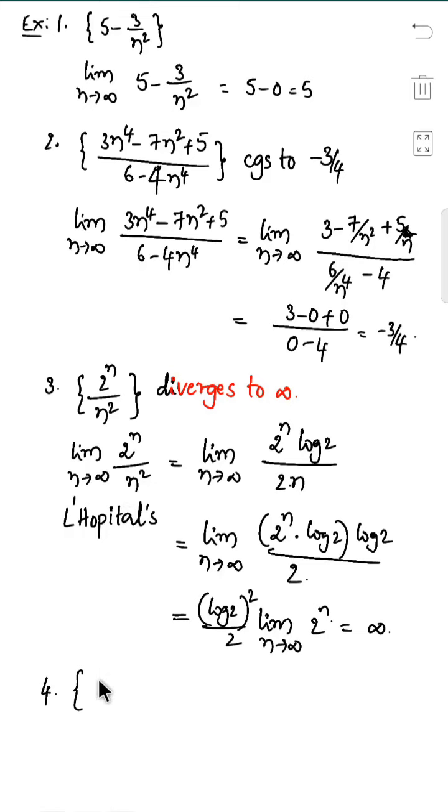Okay, so for example here, 1 plus 4 by n whole to the power of n. What is the limit of this one? This converges to e to the power of 4, I think. Let's find what is the limit of this one.